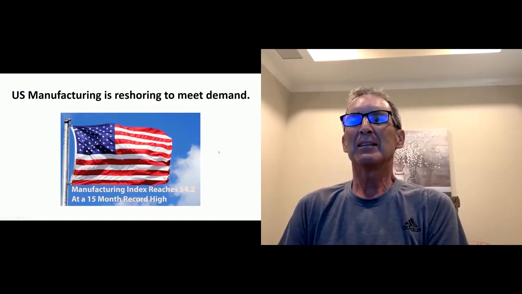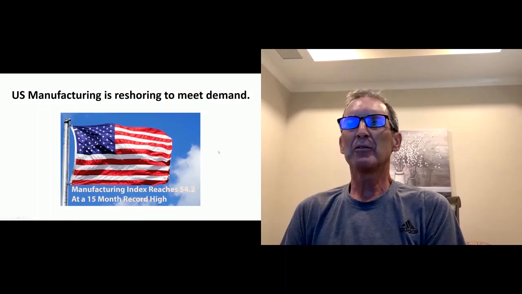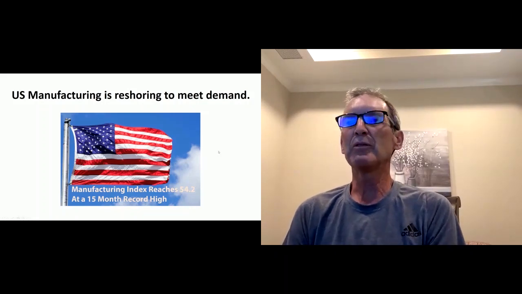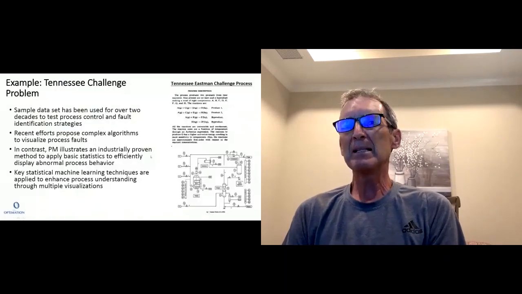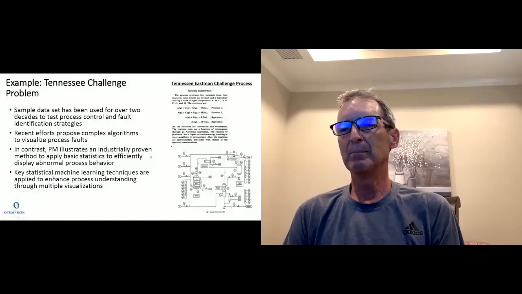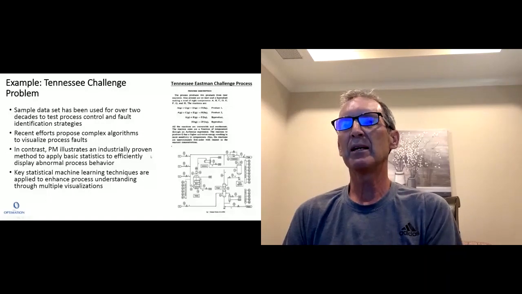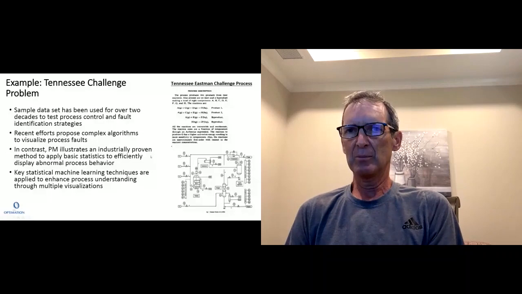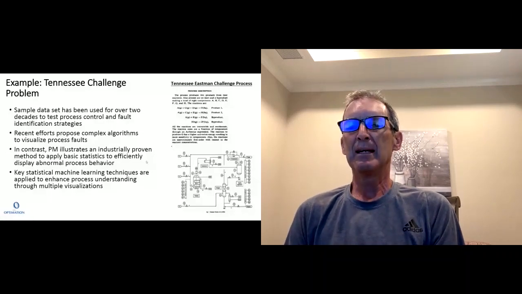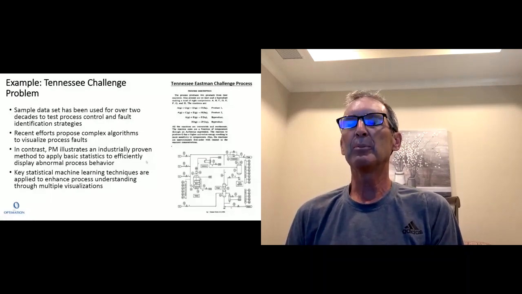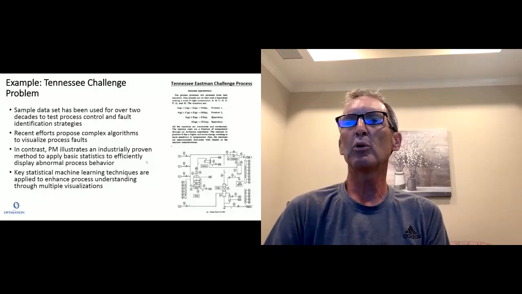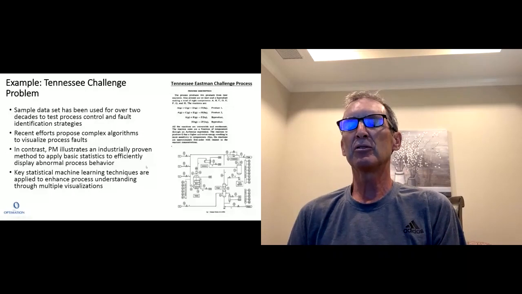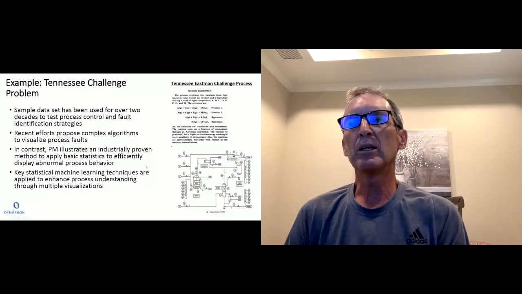There's an example of data from process information that was provided by the Tennessee Eastman Company, and now it's 25 or 30 years ago, but it's a data set that's been provided many times to many different industries and schools, basically to evaluate a production system that had some problems and just challenged people to come up with new ways to improve the control, or go in and look at what was happening on the process to understand what was really going on.